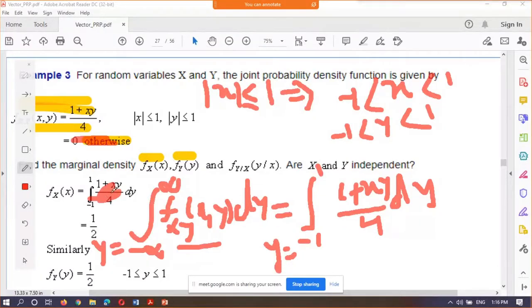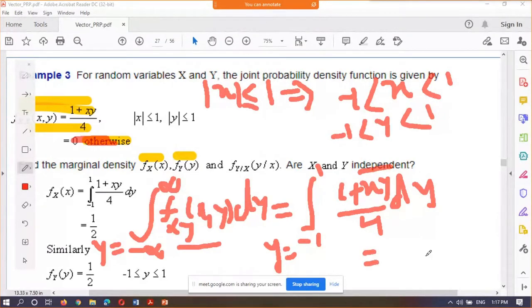And here again you can see this y is an odd function, and you are integrating from -1 to 1, so this part is 0. And this is an even function of y, like this 1.